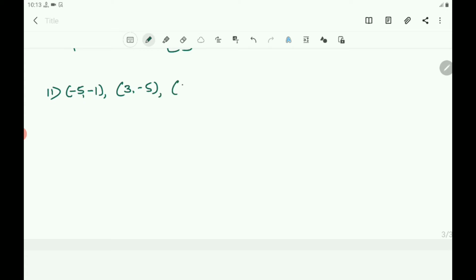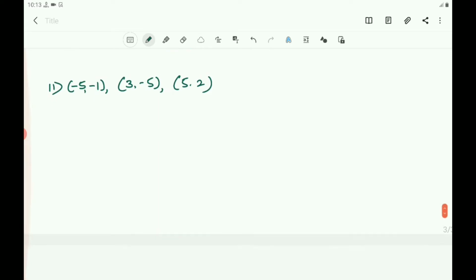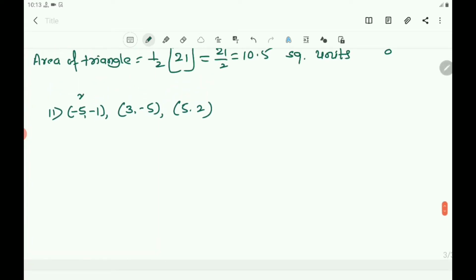Third one (5, 2). Here the coordinates of the 3 vertices of the triangle are given, and consider the first pair is x1 y1, second x2 y2, third x3 y3.